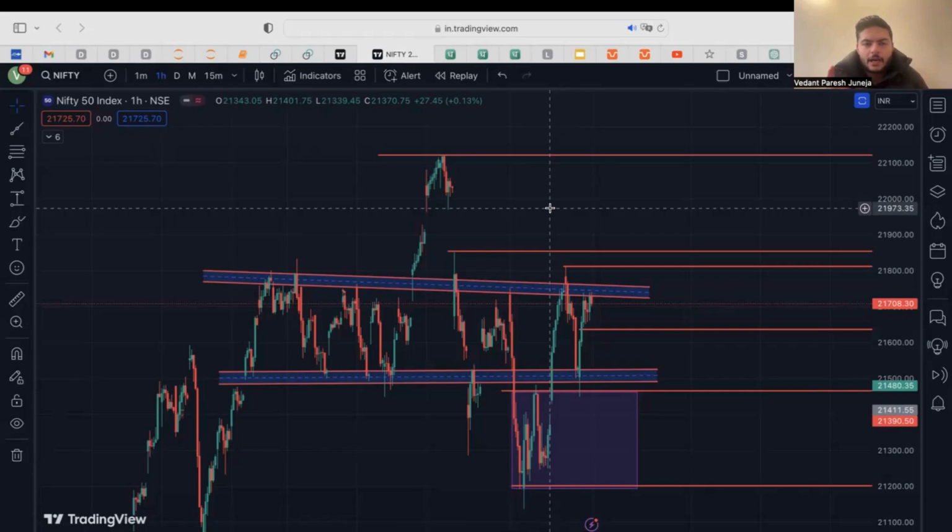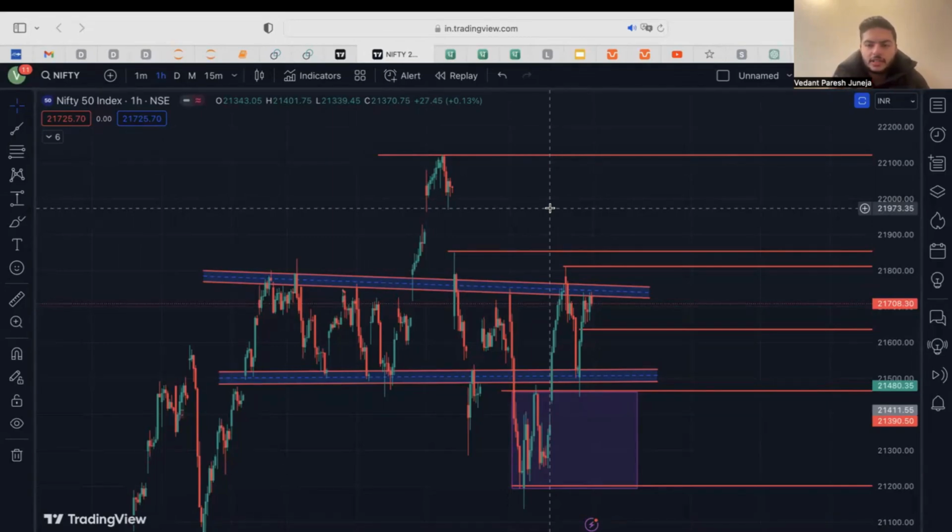Plus our risk holding capacity will increase. For example, 10 points of stop loss with two lots might be lesser in value than 10 points of stop loss with five lots.